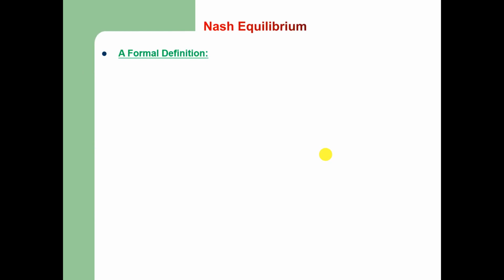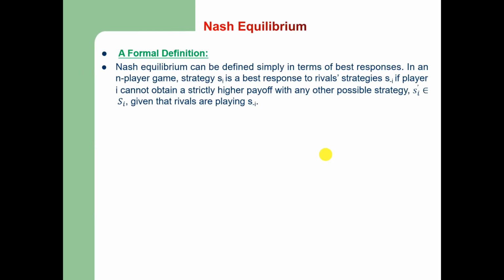Now we will define it in a formal way. Nash equilibrium can be defined simply in terms of the best responses. In an n-player game, strategy S_i is the best response of the ith player to rivals' strategies, shown by S sub minus i, if player i cannot obtain a strictly higher payoff with any other possible strategy.